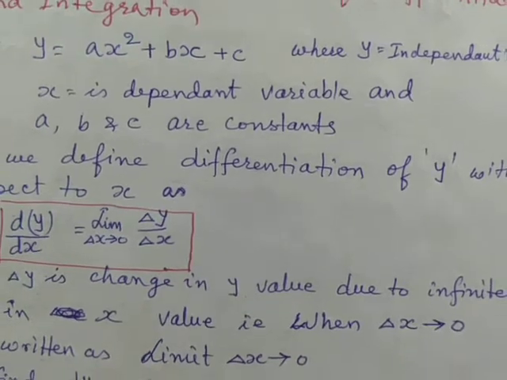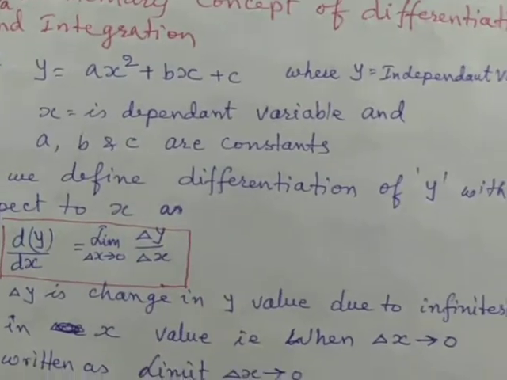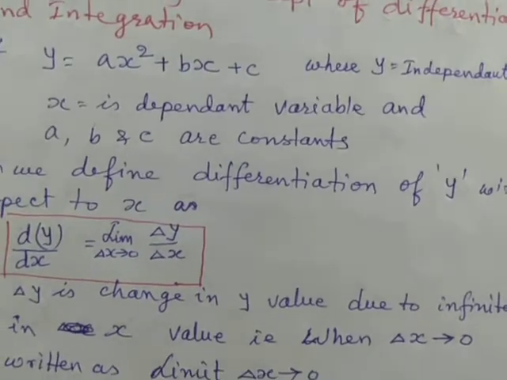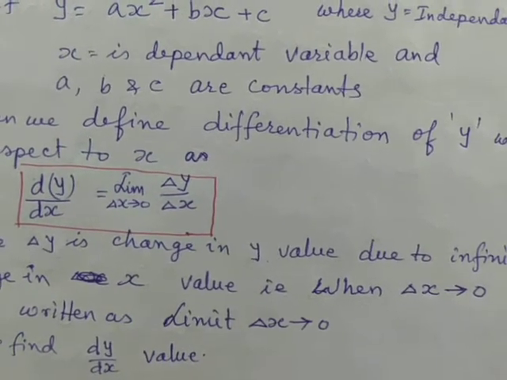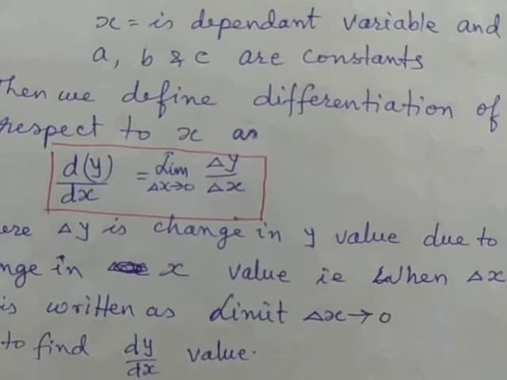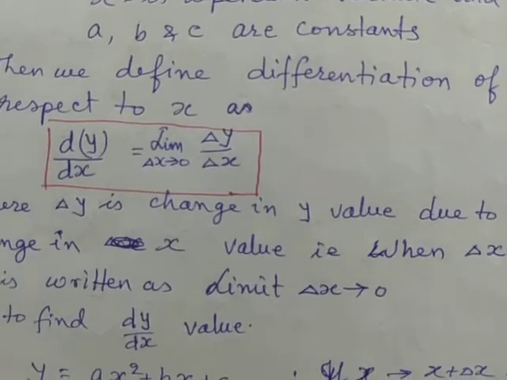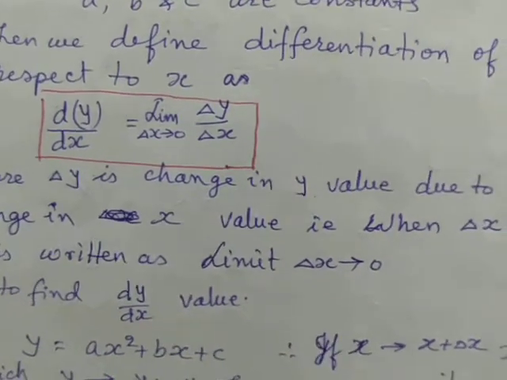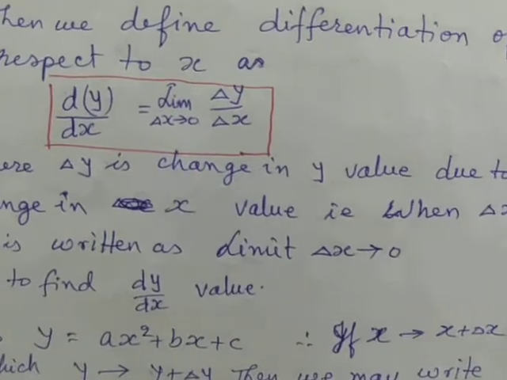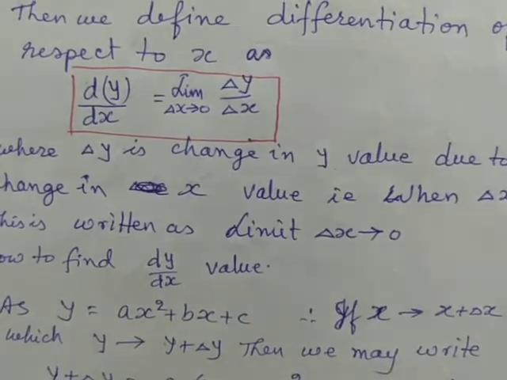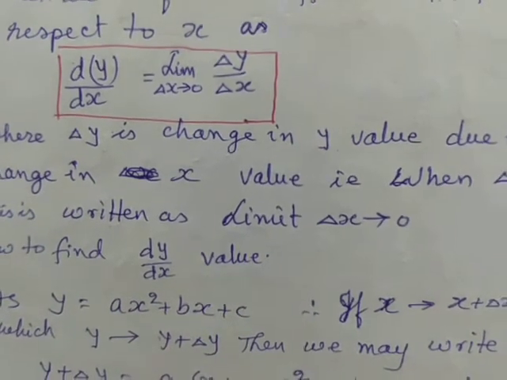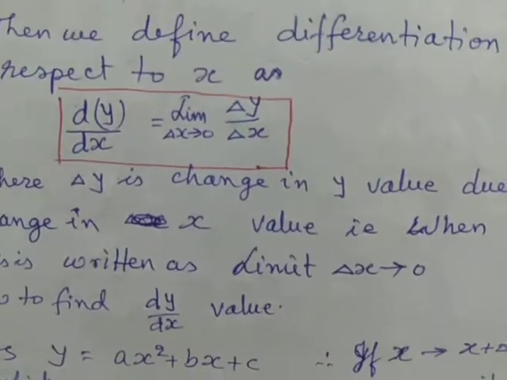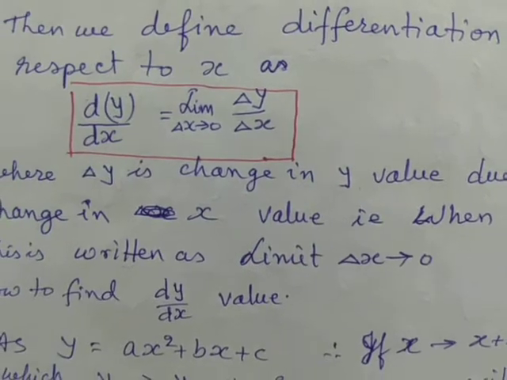Now if this is the relation, then we define differentiation of y with respect to x, symbolically written as dy by dx, which is equal to limit delta x tending to 0 of delta y by delta x, where delta y is the change in y value for the corresponding change in x value, and this change in x is taken to be negligible, tending to 0.